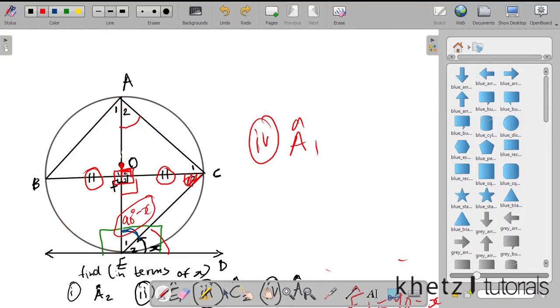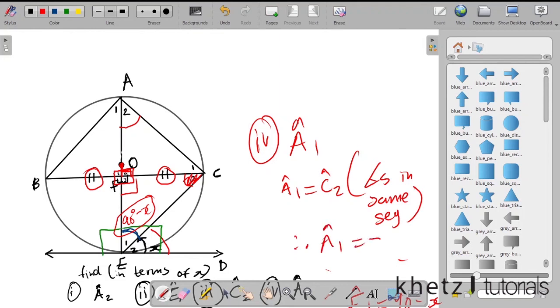So basically, A1 is equal to C2, angles in the same segment. And therefore, A1 is equal to x, because we previously found our C2 to be x. If you look at this from the theorems, you can see that this and that are in the same segment, or are subtended by the same arc BC, right?